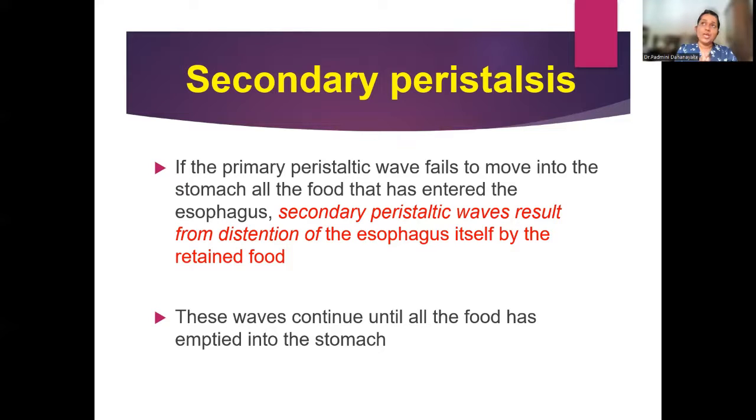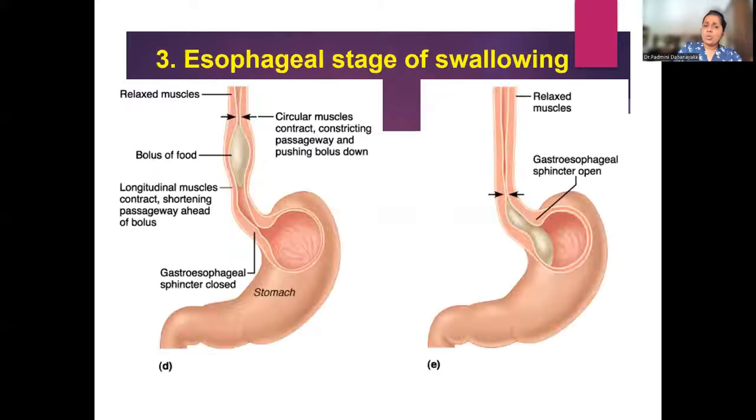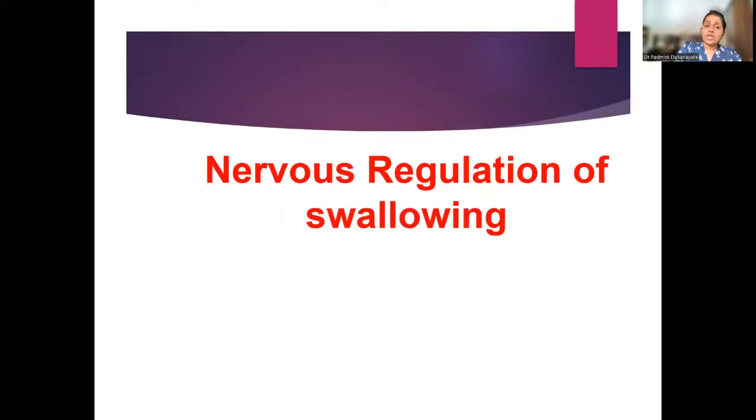So it happens only if the complete food bolus does not empty into the stomach. These waves continue until all the food has emptied into the stomach. How will these secondary peristaltic waves be formed? We will see how the secondary peristaltic wave is initiated in the last part of our lecture.